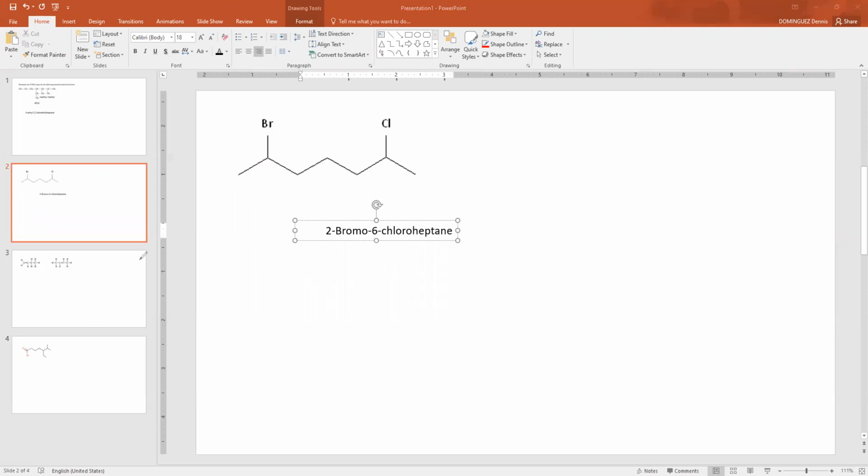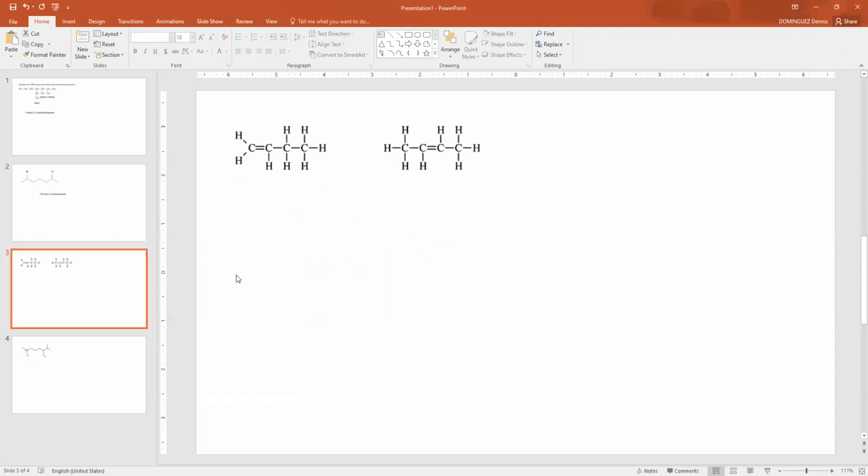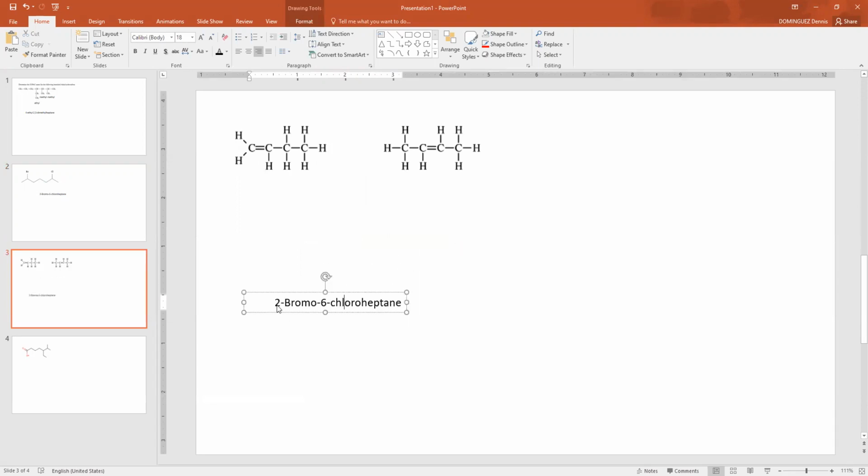Third example is this one. So we have, what group? As you can see, it's an alkene because of the double bond.